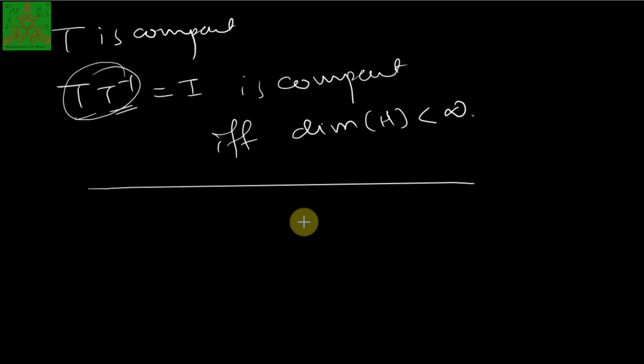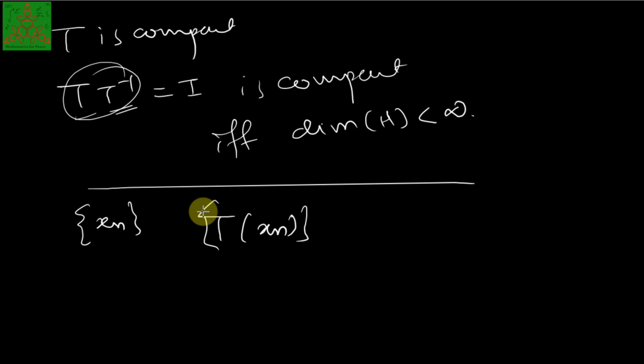Let us recall what we have done till now for compact operators. We have defined a compact operator: if you have a bounded sequence, then T of xn has a convergent subsequence, then T is called a compact operator. We have seen that in finite dimensional spaces every bounded linear operator is compact.